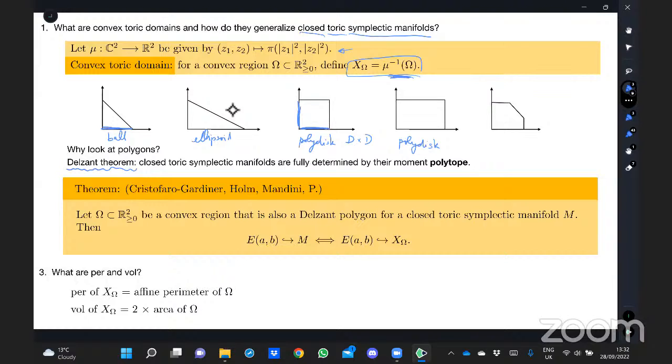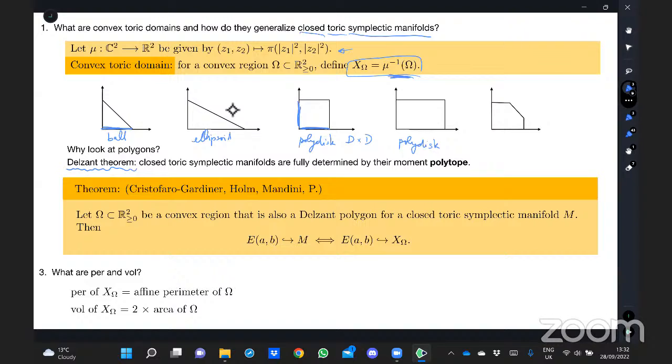So for a 4-dimensional manifold, that would be R2. And the image of this map for any closed toric symplectic manifold is a polygon in R2 called a moment polygon, in higher dimensions, moment polytope. And so for that reason we're looking at polygons for convex toric domains and not some other shapes.